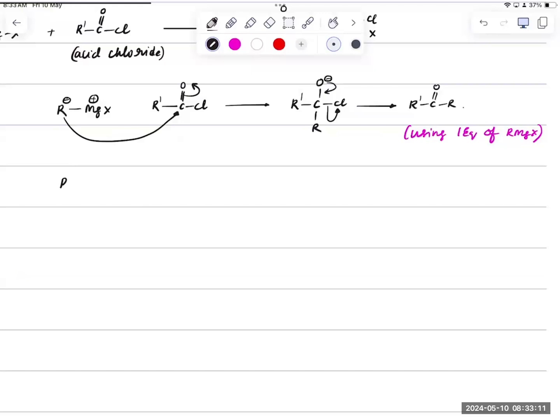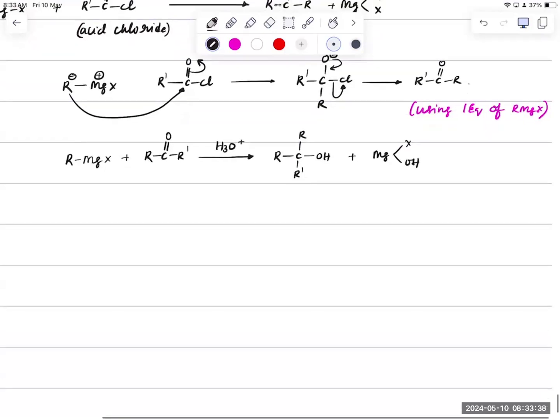So if I take one more mole here, RMgX plus R C double bond O R dash, followed by hydrolysis, then I will get this as R C, R and R dash here and OH plus Mg X and OH.